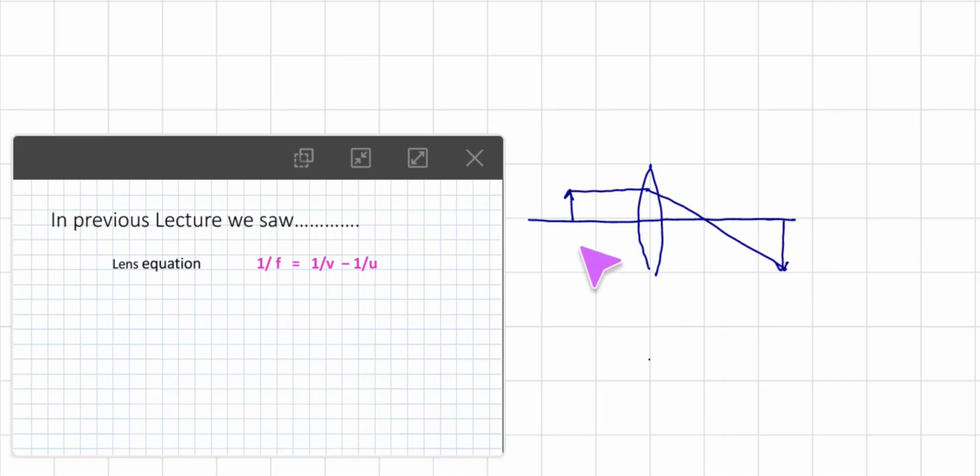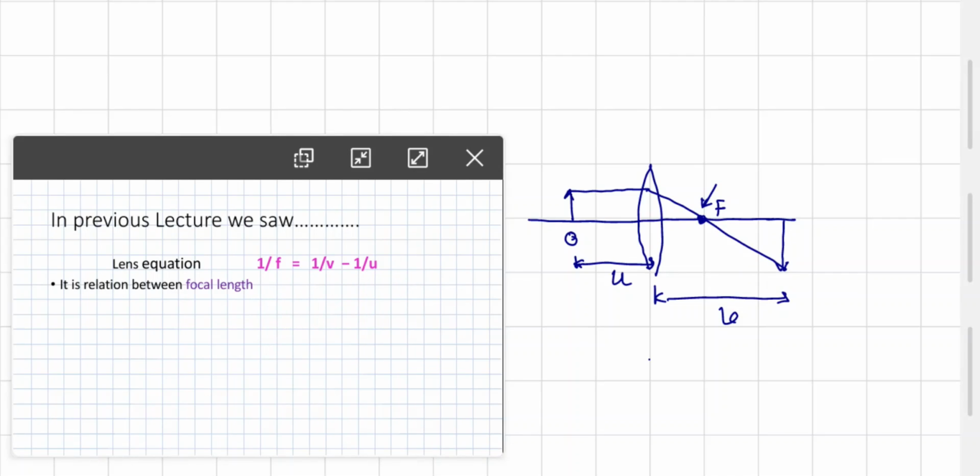The distance of the object is u, the distance of the image is v, and the point through which the ray passes is called the focal point. So the lens equation is 1 upon f is equal to 1 upon v minus 1 upon u.